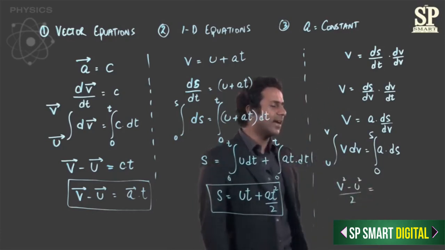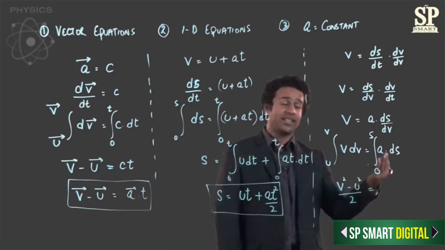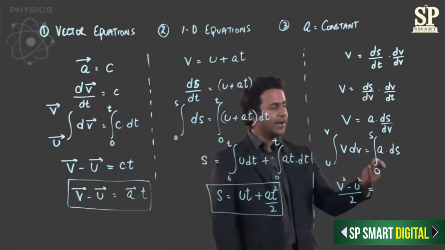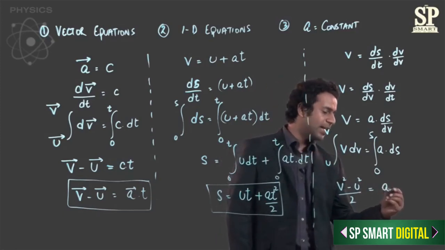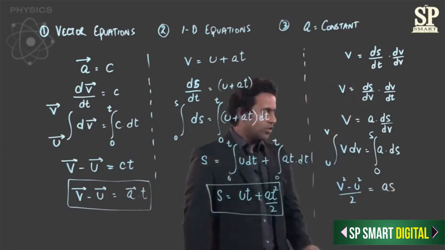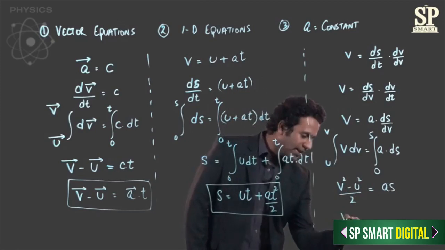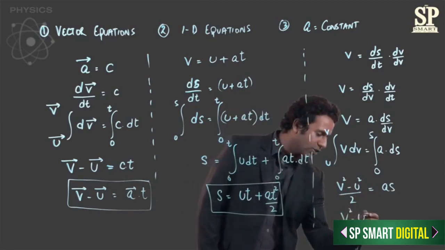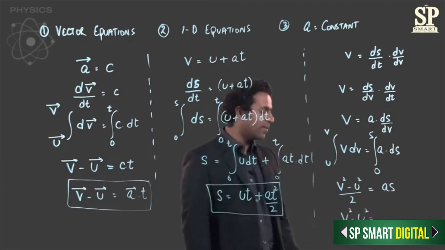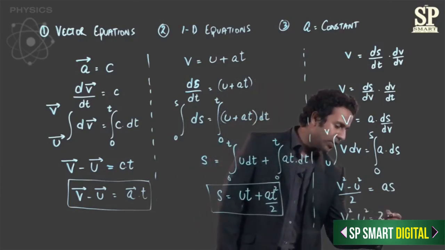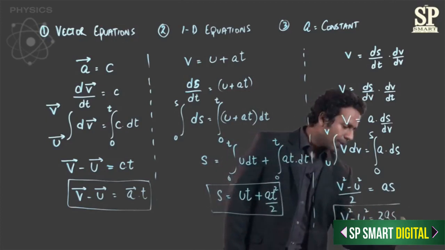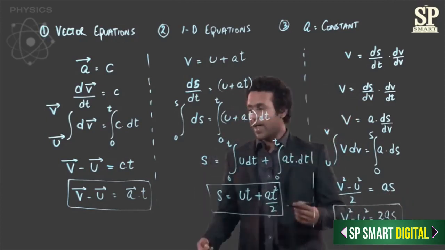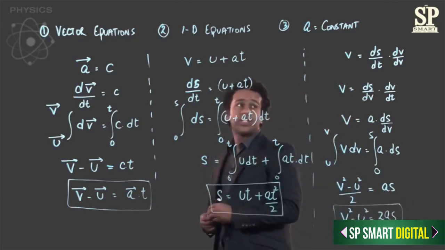On the right hand side, a is a constant, hence it comes out of the integral. You integrate ds, you're left with s, so the right hand side is simply as. When you rearrange this, you get your final equation, which is the third equation of motion, that v square minus u square is equal to 2as. So here we have the three equations of motion.